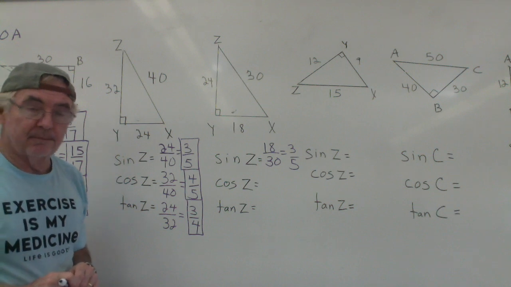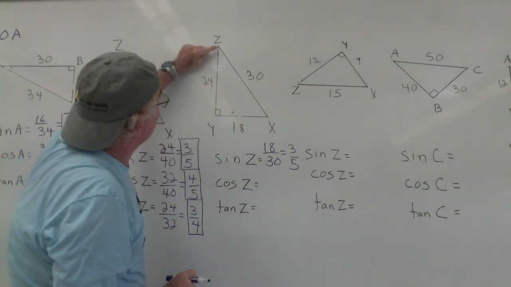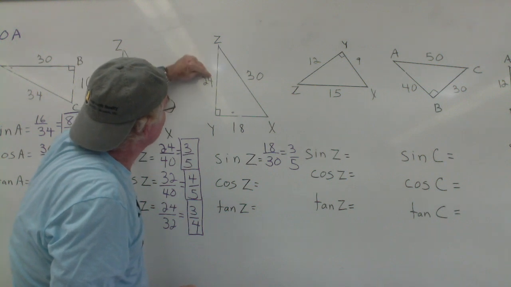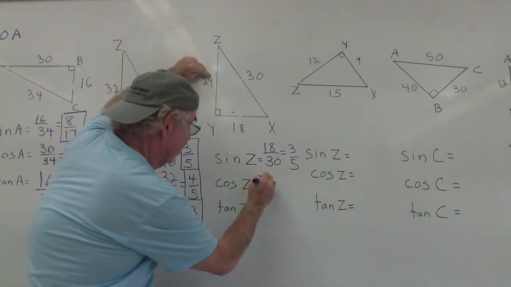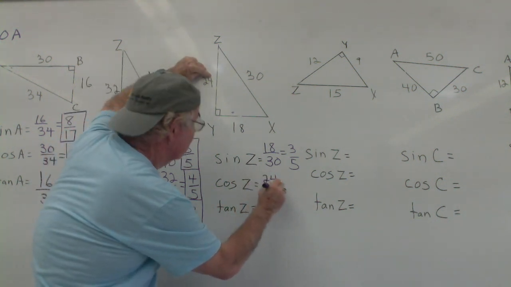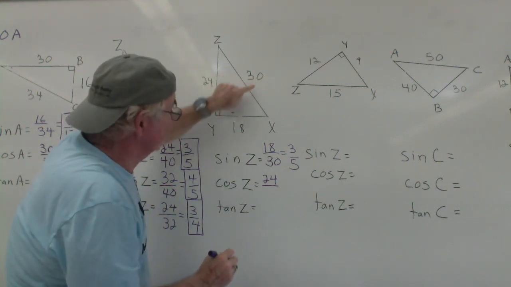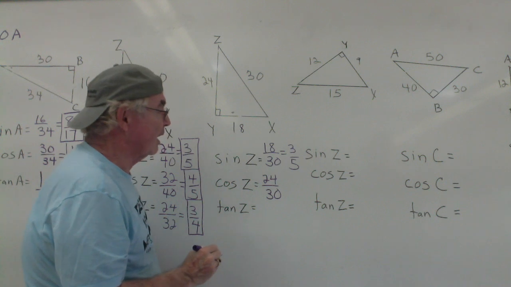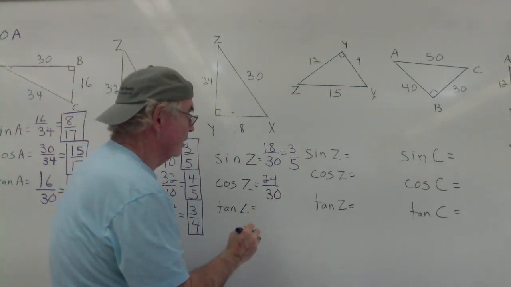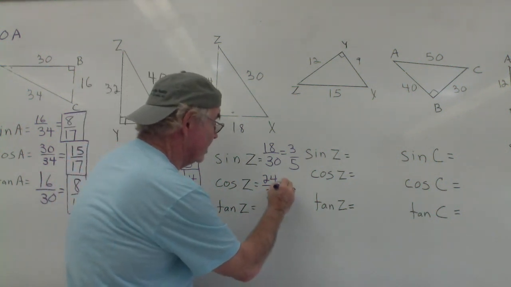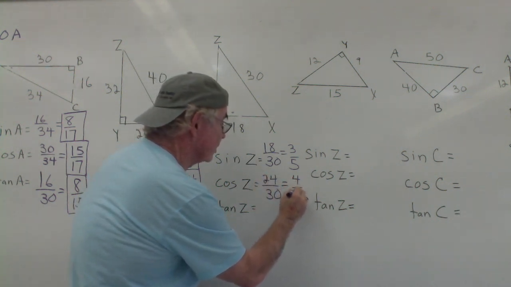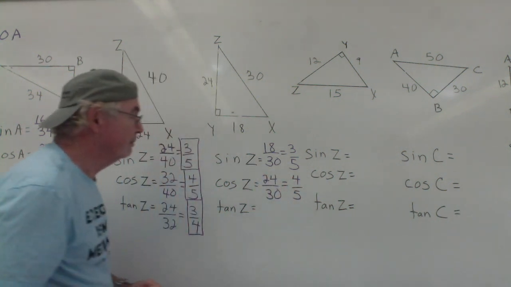The cosine. Look at angle Z. The cosine is the adjacent. That's this side. 24 over the hypotenuse, 30. And we reduce by 6s. 6 goes into 24 4 times, 6 goes into 30 5 times.